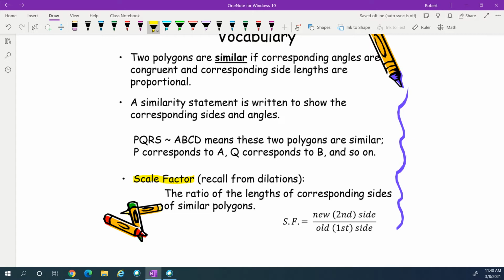So scale factor can be calculated the same way. It is the new measurement over the old measurement. Any scale factor over 1 is an enlargement. Any scale factor between 0 and 1 is a reduction. So we can certainly determine the scale factor, again, the way we have in the past.